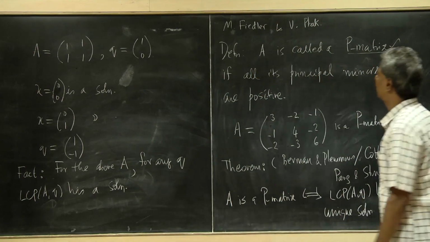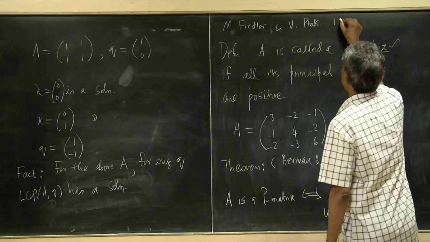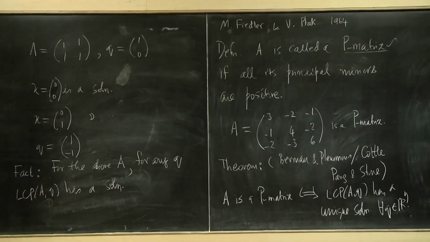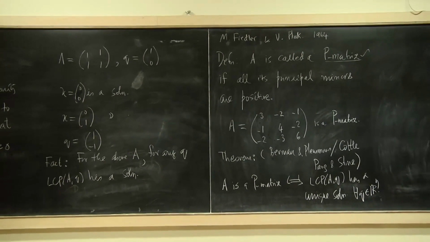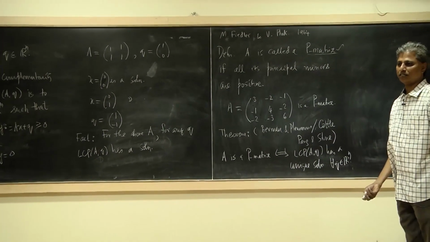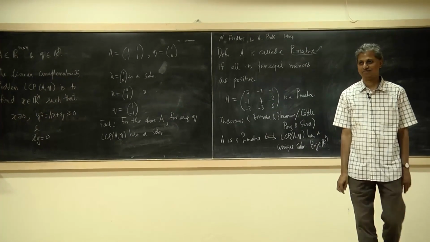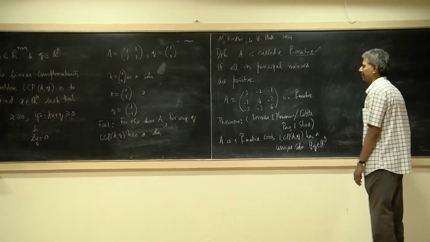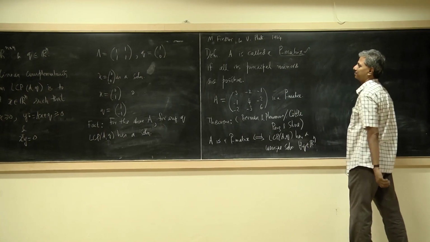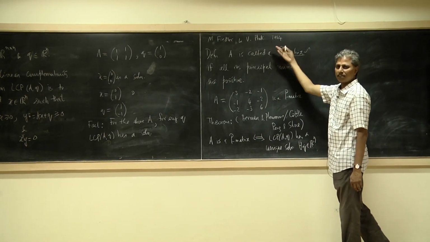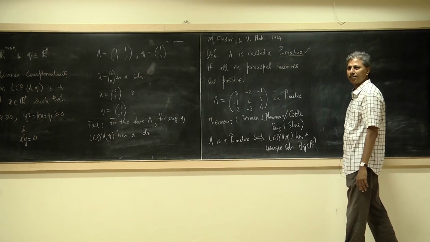They wrote this paper in 1964. This appeared in the Czechoslovak Mathematical Journal. And I have only one suspicion that probably it was this guy who gave this notion, but I have no other evidence. Okay, that's a P matrix. By the way, if you go to MathSciNet and look at the citations, there are some 170, 175 citations for this paper.